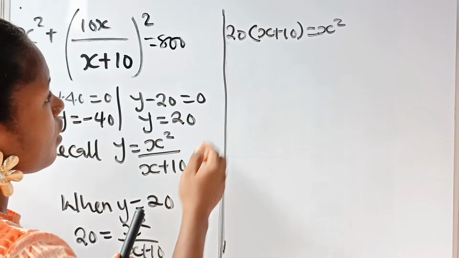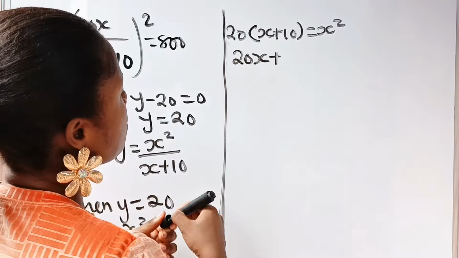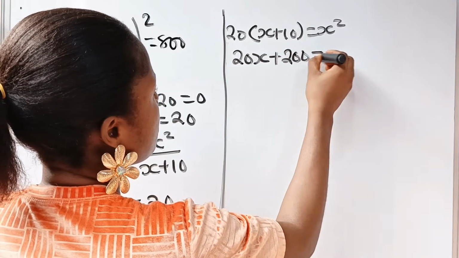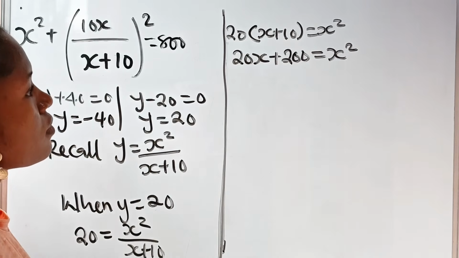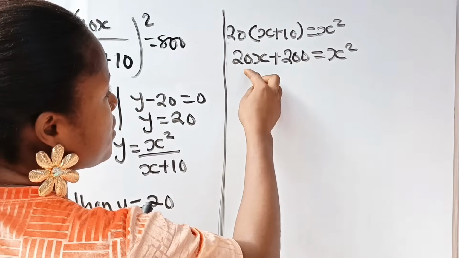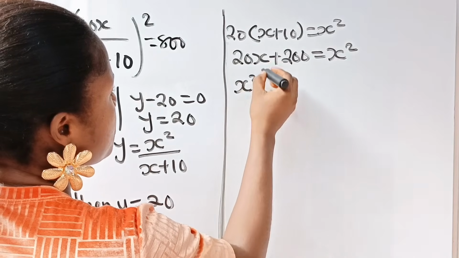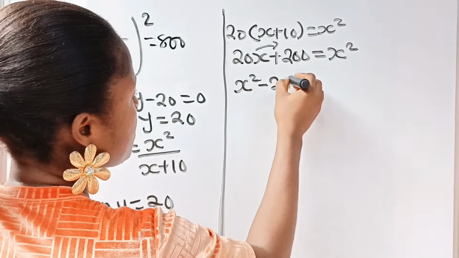If we do that, we have 20 times x is 20x, plus 20 times 10 is 200, is equal to x squared. Now let us transfer everything to this side. If we do that, we have x squared. This will go to the other side to become minus 20x.